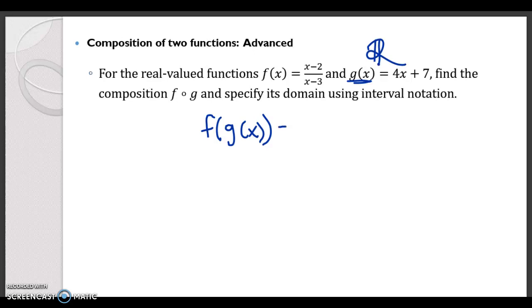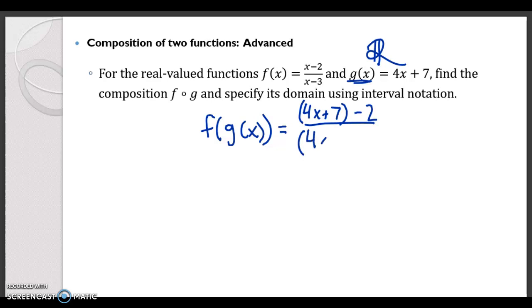Now the function of this one is going to be 4x plus 7 minus 2 over 4x plus 7 minus 3. Now where did that come from? That is my function g of x, but I'm plugging it into my f equation, which is x minus 2 over x minus 3, so that g function becomes my input x.